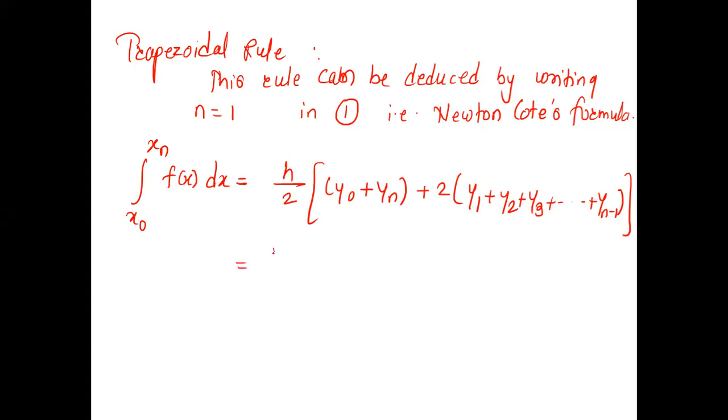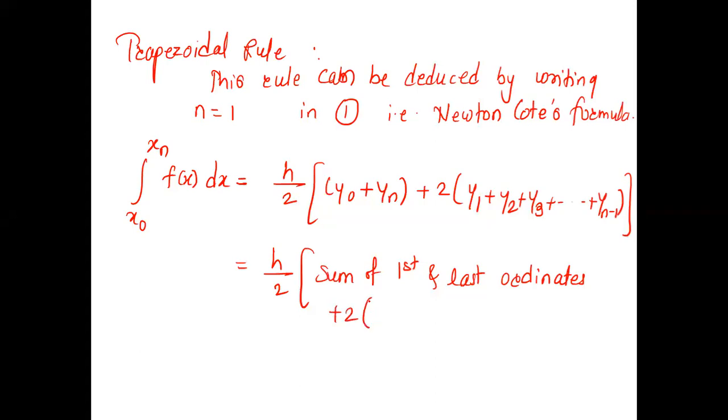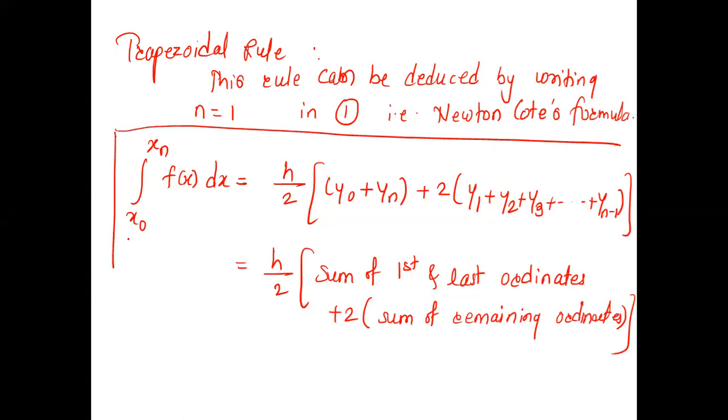That is, h by 2 times the sum of the first and last ordinates plus 2 times the sum of the remaining ordinates of y. Please note, this is the trapezoidal rule.